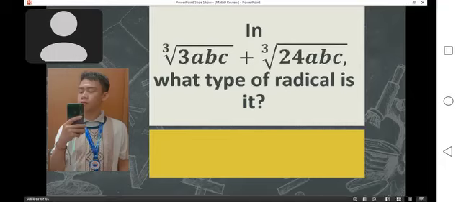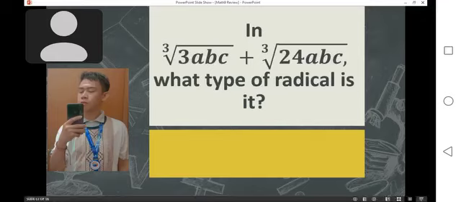So here we cannot easily identify if they are unlike radicals. So we need to simplify first the second addend, which is the cube root of 24ABC. Cube root of 24ABC is also the same as cube root of 2 times 2 times 2 times 3 times ABC.